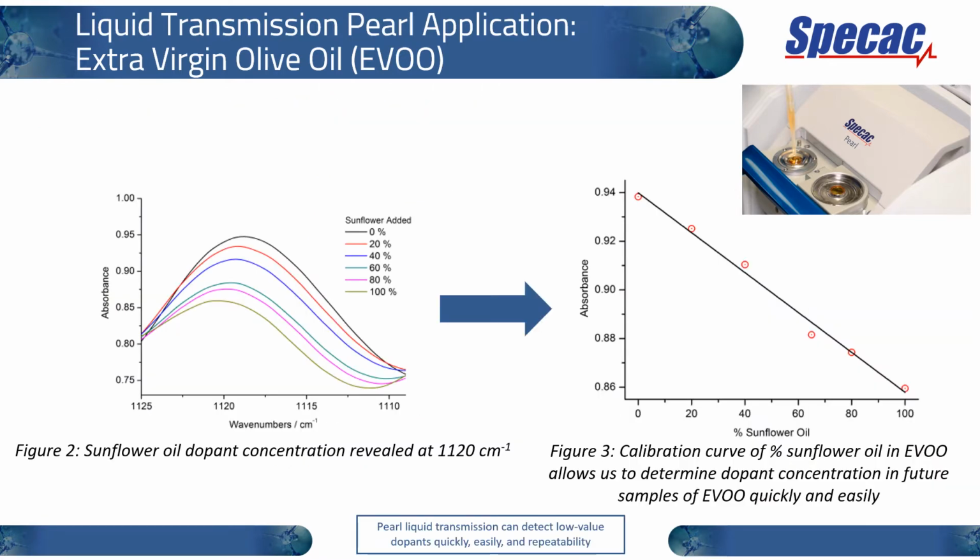Here in figure 2, you can zoom into the region at 1120 wavenumbers to look at the concentration of the sunflower oil dopant. And that FTIR data on the left-hand side can be converted into the calibration curve on the right-hand side in figure 3, where this calibration curve can be used continuously for future proving of the concentration of the sunflower oil dopant in future analyses.